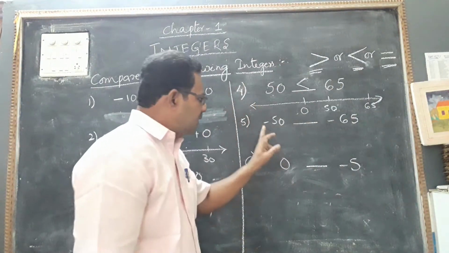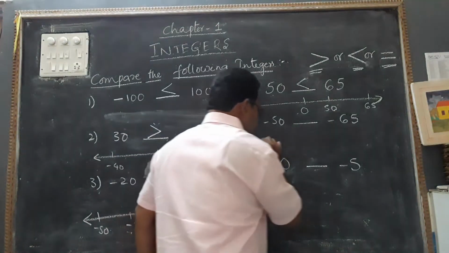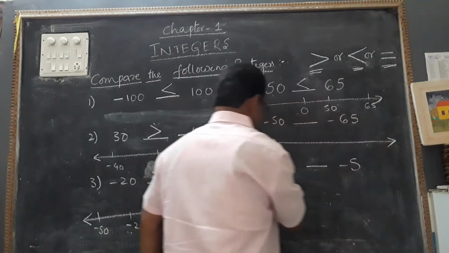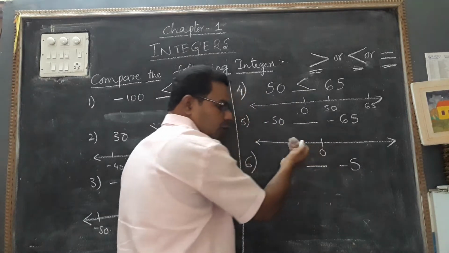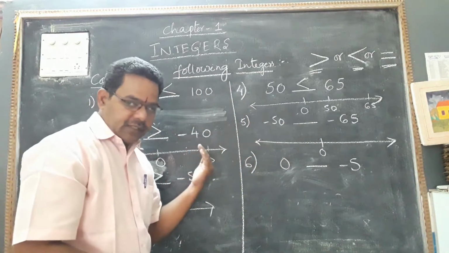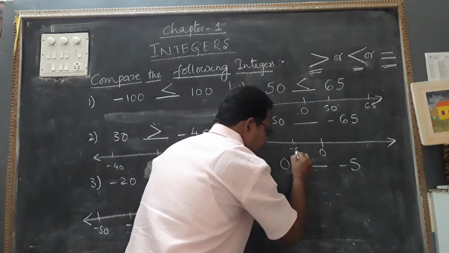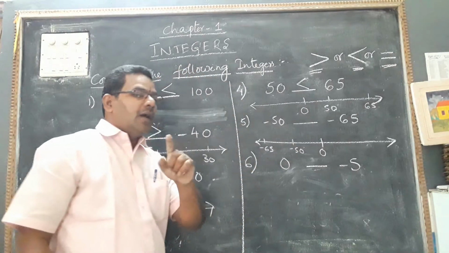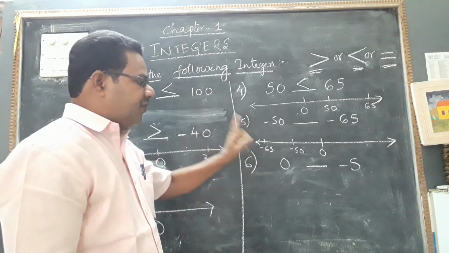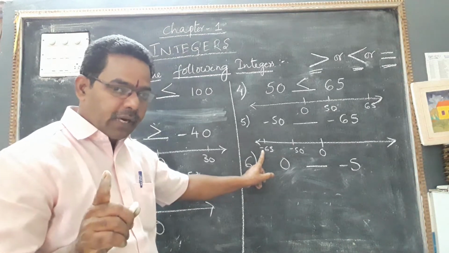Okay, very good. Now minus 50 and minus 65. For this also we have to draw a number line. First 0, towards the left. What is the first number in these two? Minus 50. After that minus 65. I already told you, the leftmost number is the smallest number on the number line.